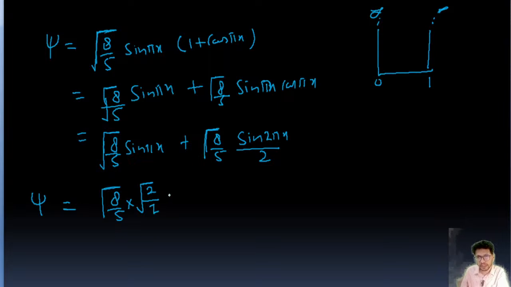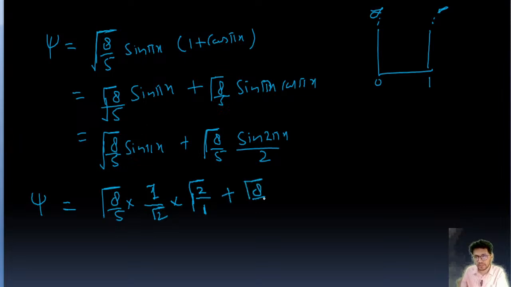L value is 1. So we can write it like this: 1 upon root 2 into root 2 upon 1, because 2 upon L and the L value is 1, unit length. And similarly, this is going to be root 8 upon 5.